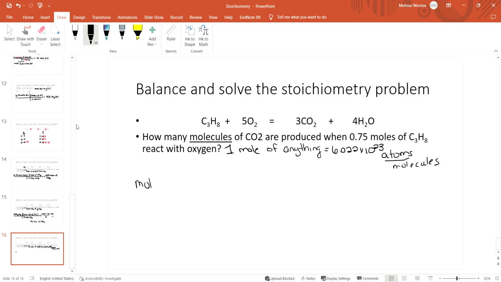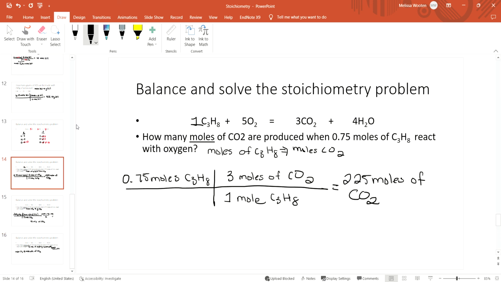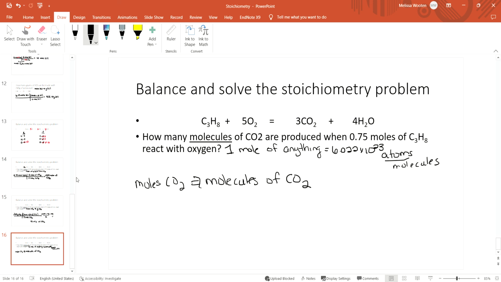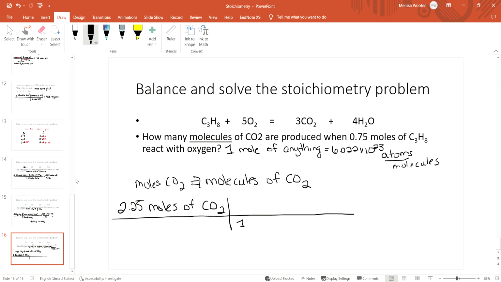So, we want to go from moles of CO2 to molecules of CO2. So, we already had our moles of CO2, right? 2.25. So let's go back to our 2.25. Alright. And remember, 1 mole of anything is 6.022 times 10 to the 23rd.